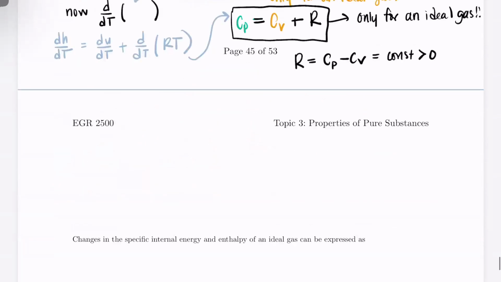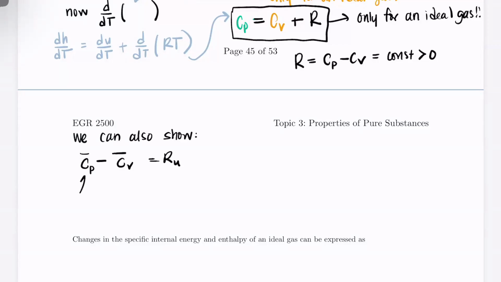We can also show that specific heats on a molar basis do the following thing. We can also show that Cp bar minus Cv bar is equal to Ru.